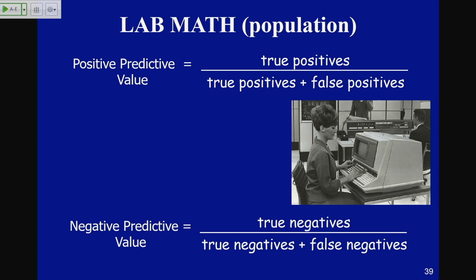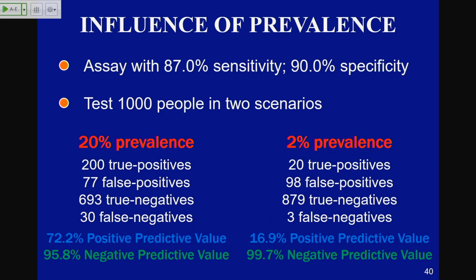So how could this hypothetically play out in the meningoencephalitis panel? Just for funsies, we're going to take a test with 87% sensitivity, and like Tim Block says, we're not going to memorize these numbers, 87% sensitivity and 90% specificity. And for funsies, we're going to test 1,000 people. The first 1,000 will be tested in a prevalence of 20%, so a high prevalence population, and then we have 2% prevalence in a second example.